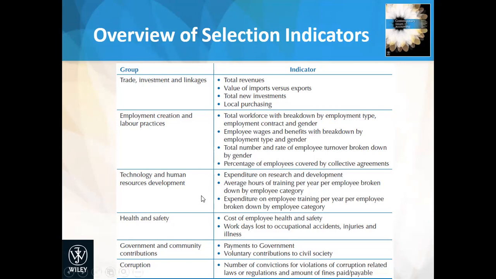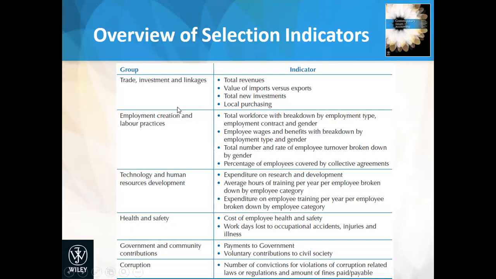Next would be health and safety. The cost of employee health and safety is very important: how much is allocated to the protection of employees from certain occupational hazards. Another indicator would be the work-based loss because of accidents, injuries, and illness related to occupation.